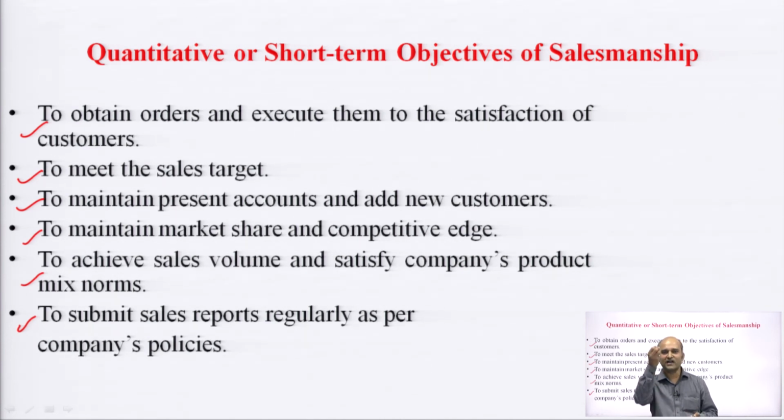At the starting of the year you will get the sales target. Now, to achieve this sales target, you have to make a plan and work in the market to achieve certain things from the customer.